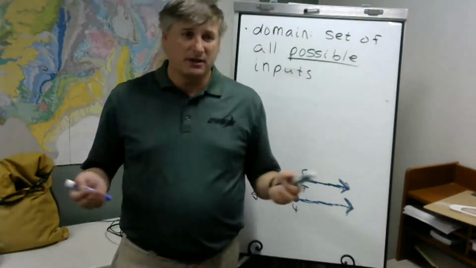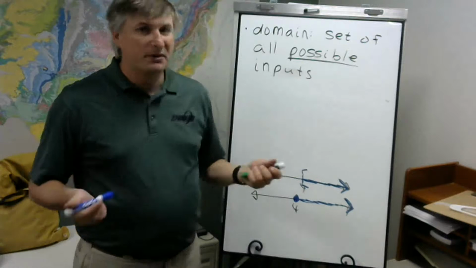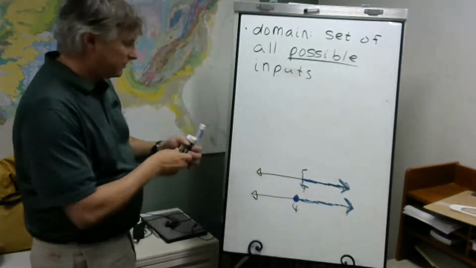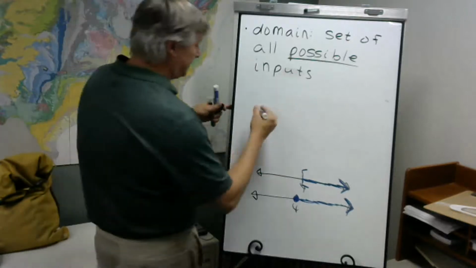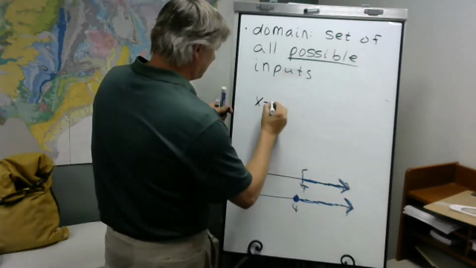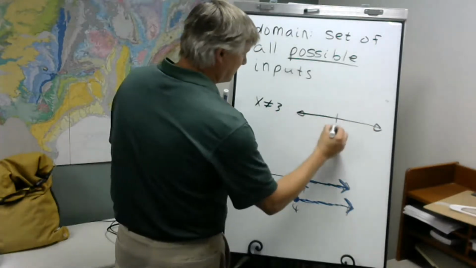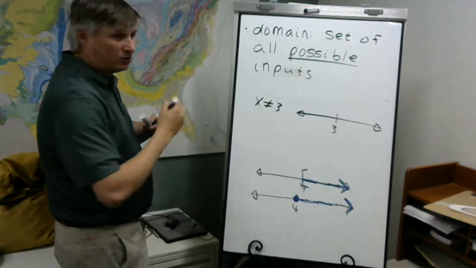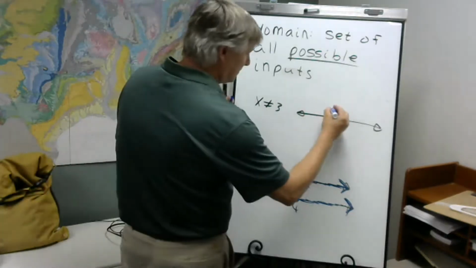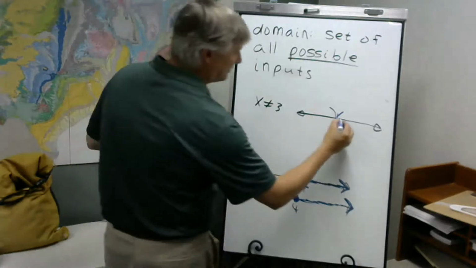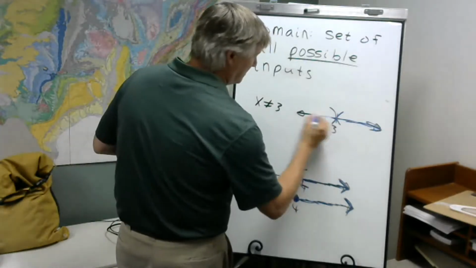And in the other example, what you would use instead of an open dot, you would use 2 parentheses. So for example, when x can't be equal to 3, instead of a hole, what you would put is this. And then you would continue.